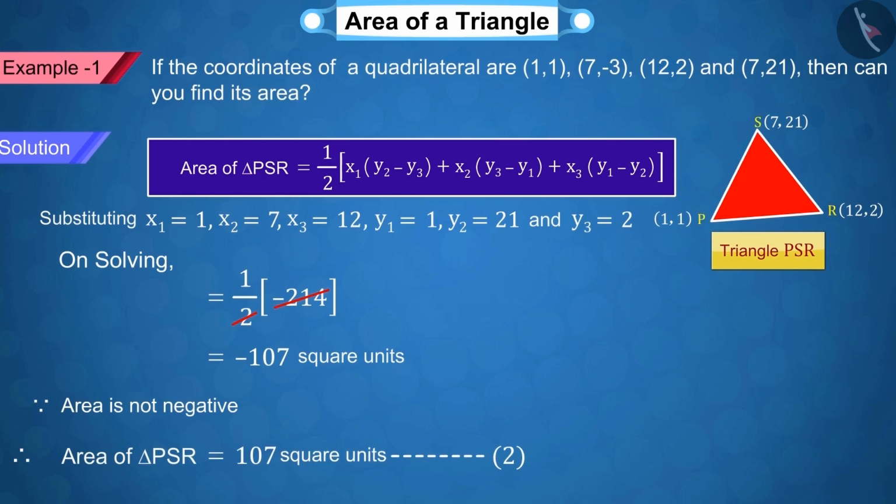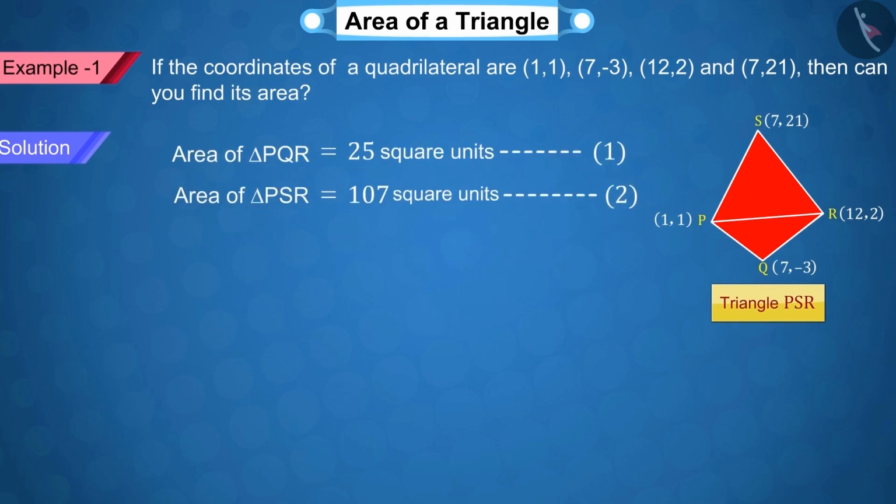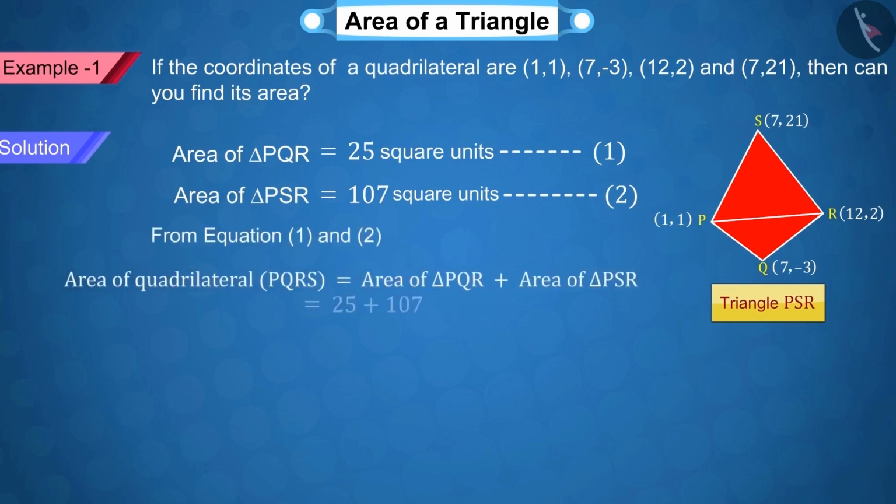Similarly, when we calculate the area of the triangle PSR, we get it as 107 square units. Since the area of the quadrilateral is equal to the sum of the areas of these two triangles, the area of the quadrilateral is equal to 132 square units.